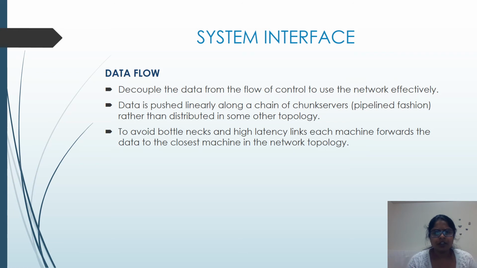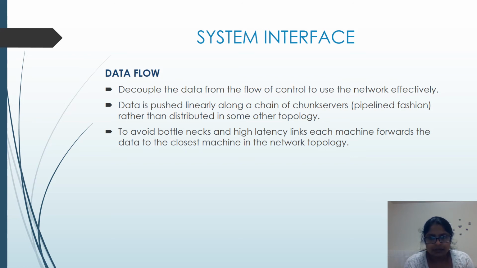Data flow. We decouple the data flow from the flow of control to use the network efficiently. For this, we are going to follow a technique. Data is pushed linearly along a chain of chunk servers, in a pipeline fashion, rather than distributed in some other topology. Instead of using other topologies like star, mesh, or tree, it's better to use the pipeline fashion.